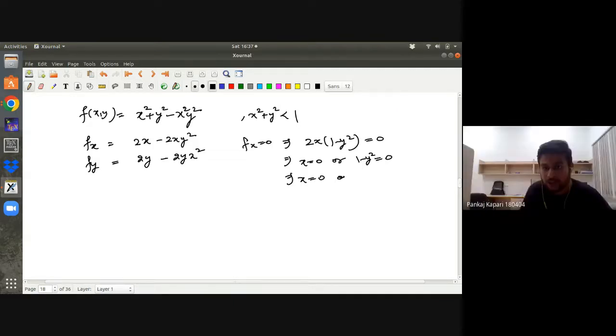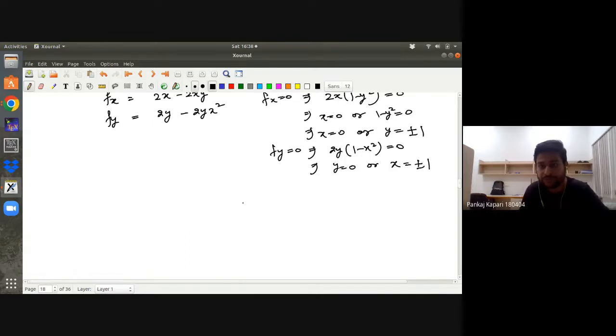So either x is 0 or y is plus minus 1. What about fy? fy equal to 0 implies 2y times 1 minus x square becomes 0. That means either y equal to 0 or x is equal to plus minus 1.